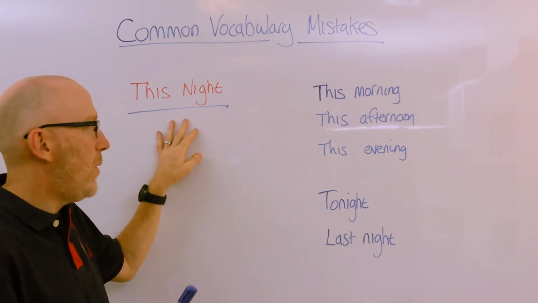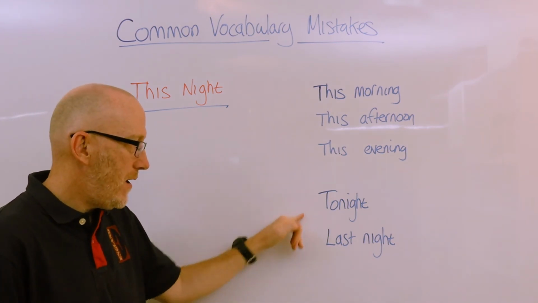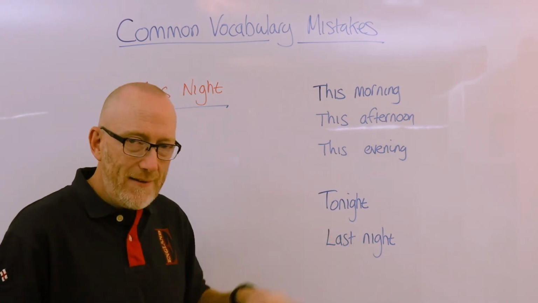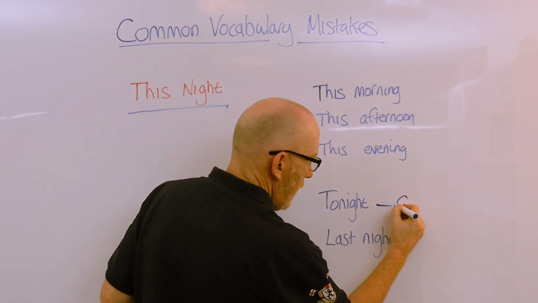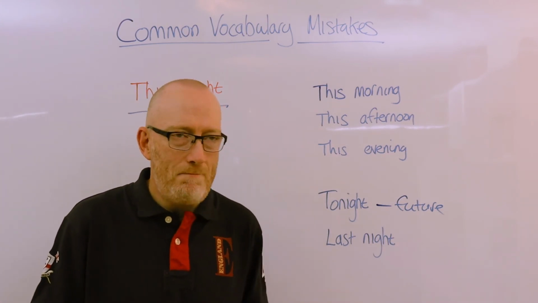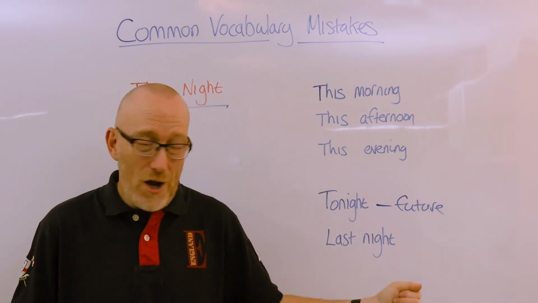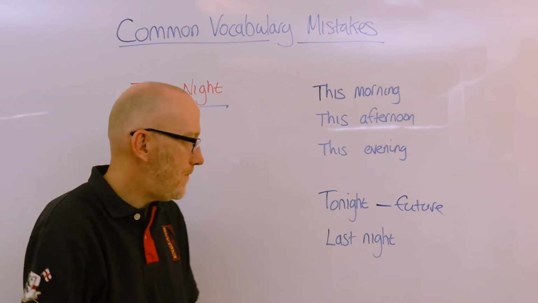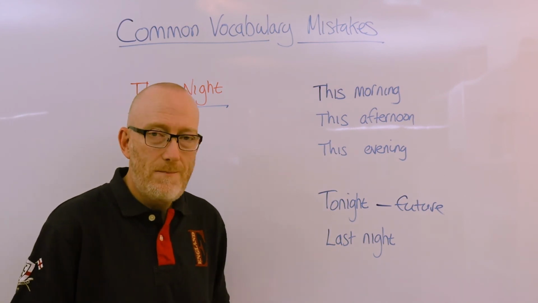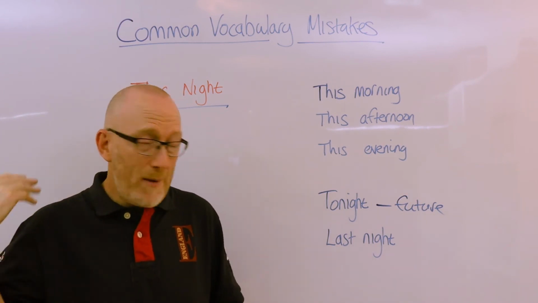This night just doesn't sound right in the English language. That's why we have two alternatives. We have tonight. Tonight is the future. Tonight, I don't know, I'm going to sleep well, I think. I hope I will sleep well tonight. That's the future. But we also need to sometimes describe the past, not the distant past, literally the past of last night, the night before, and we use last night.